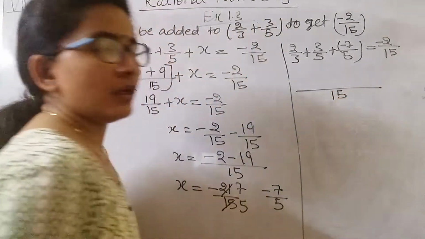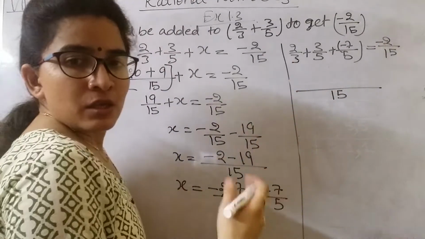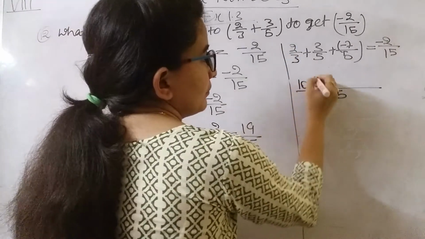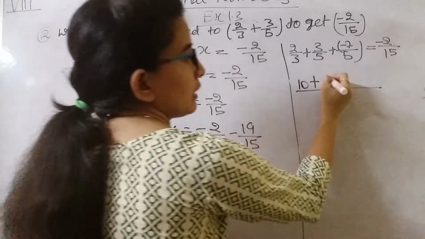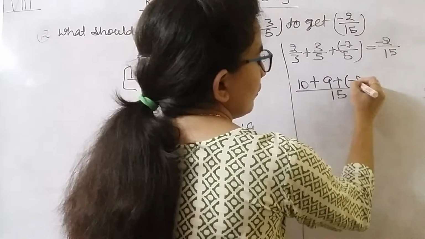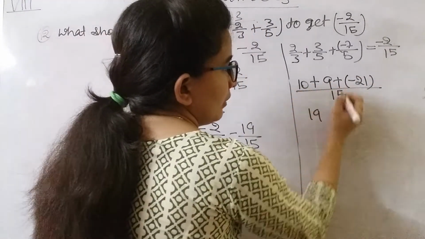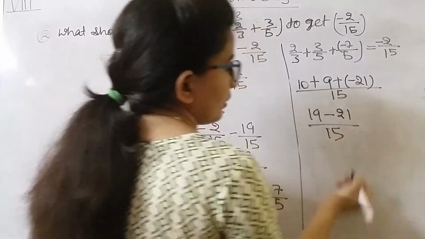So the LCM of 3, 5 and 5 will be 15. Now again we will divide 15 by 3, that is 5, and multiply 5 with 2, that is 10, plus 5 3s are 15, 3 3s are 9, plus 5 3s are 15, 3 7s are 21. That will be 19 plus minus 21 upon 15.